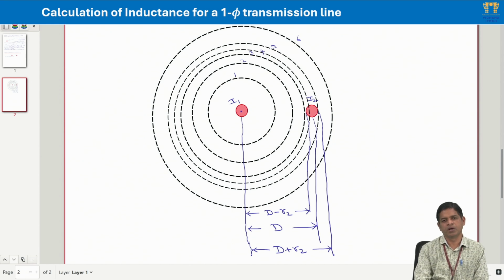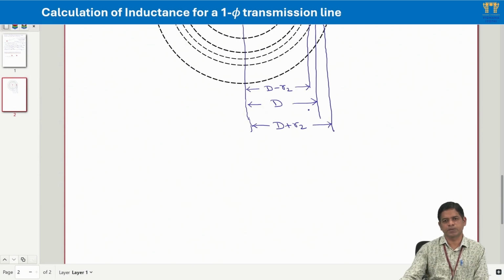I repeat again, the flux from the surface of conductor 1 to the inner surface of conductor 2 and the center of conductor 2 links the entire current I1, and the flux from the center of conductor 2 till the external surface of conductor 2 links a net 0 current. So let us put that in words.